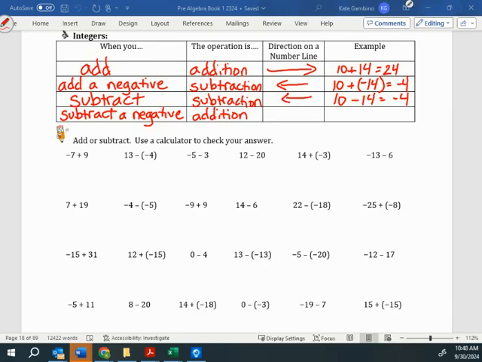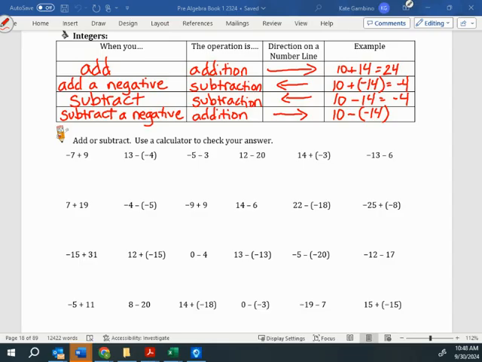When we subtract a negative, it becomes addition. So if it's addition, we're going to the right on the number line. So what that would look like is 10 minus that negative 14. So if you're subtracting a negative number, we actually add it.